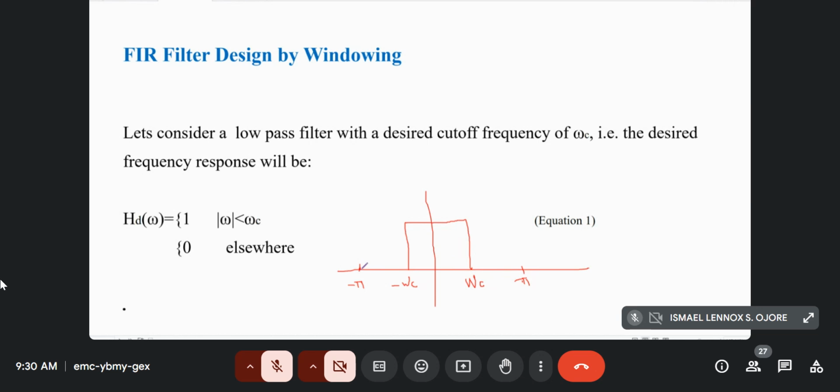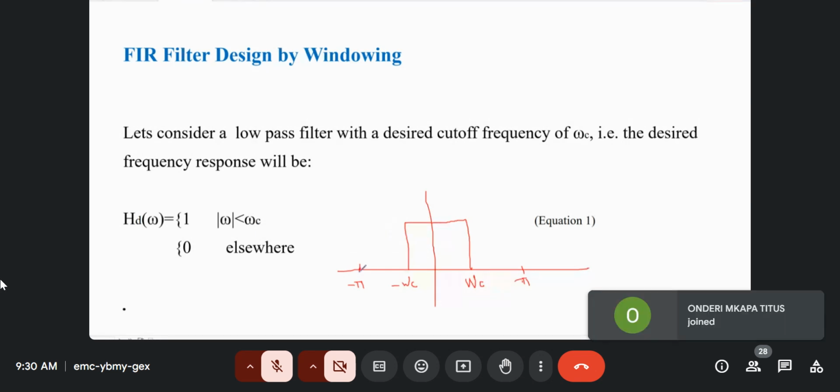Elsewhere means from minus pi to minus omega c and omega c to pi, because this only varies from negative pi to pi.